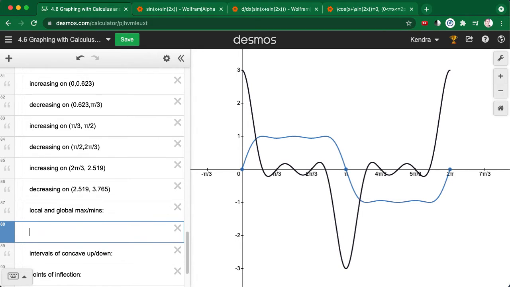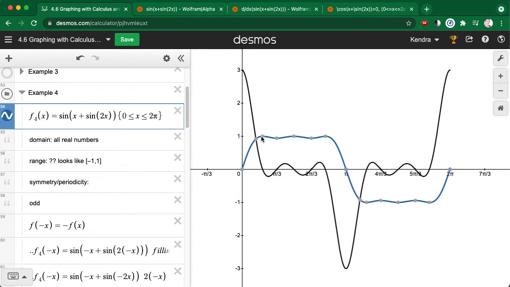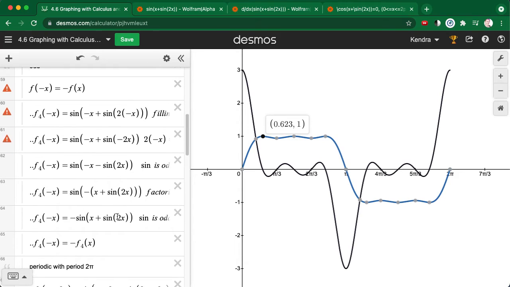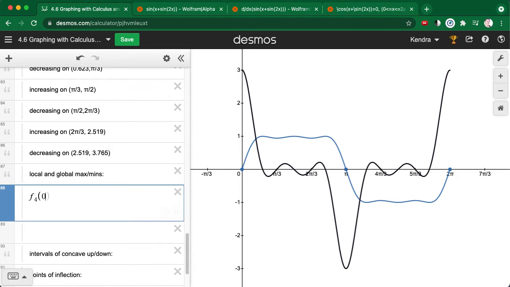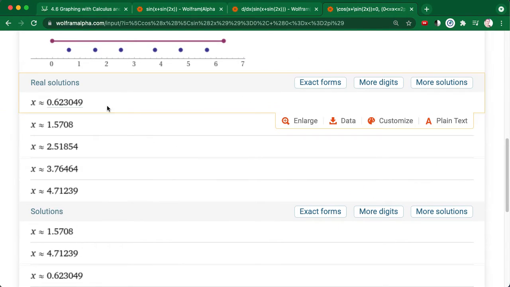So at x equals, what one is this one? This is the 0.623. So f4 of 0.623. And let's get a little bit, 623049.